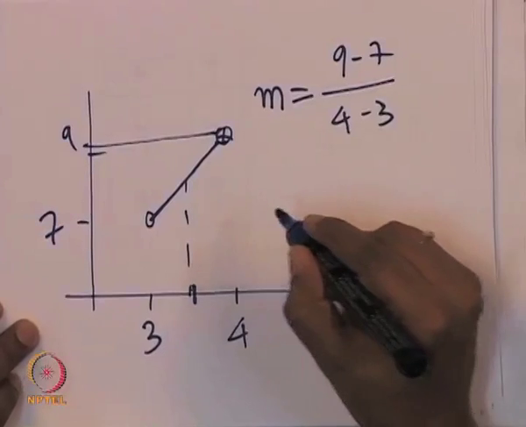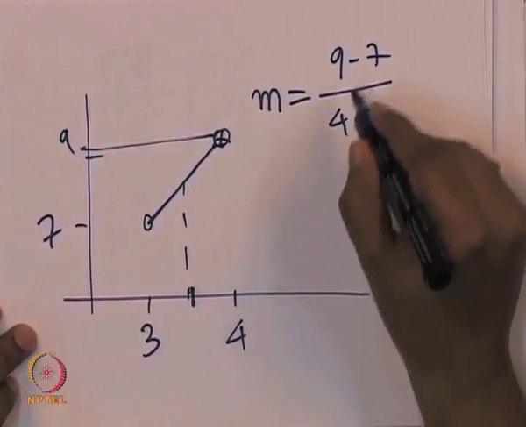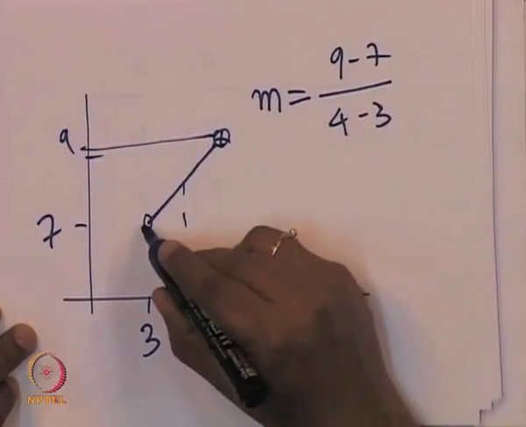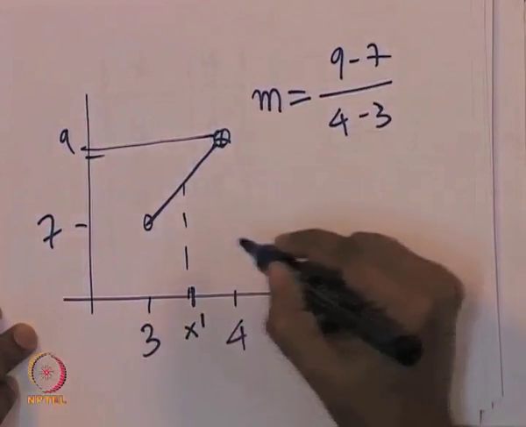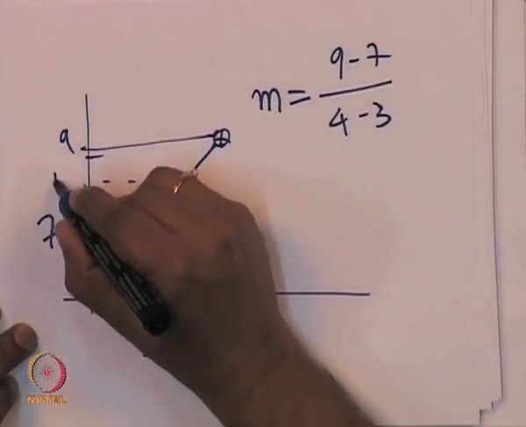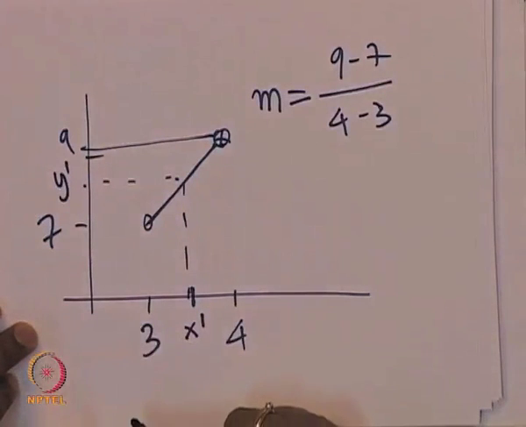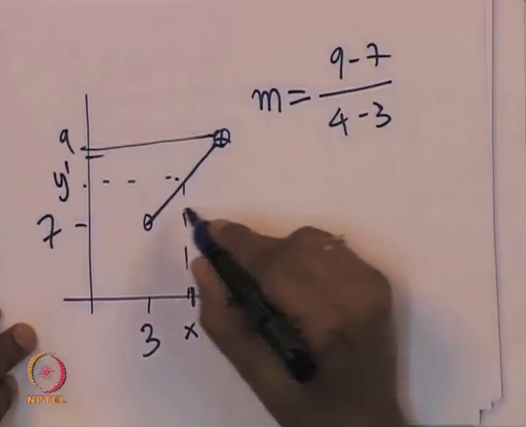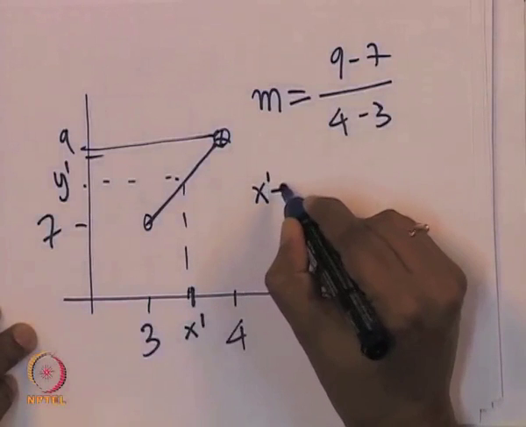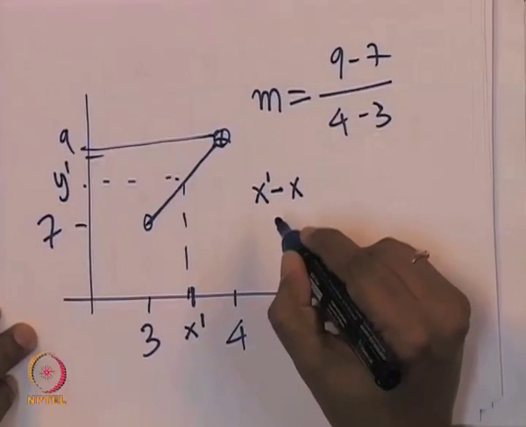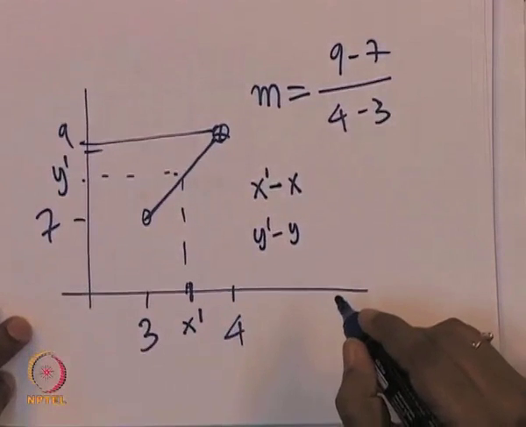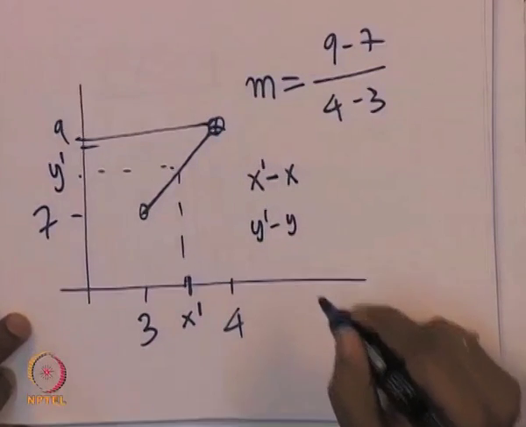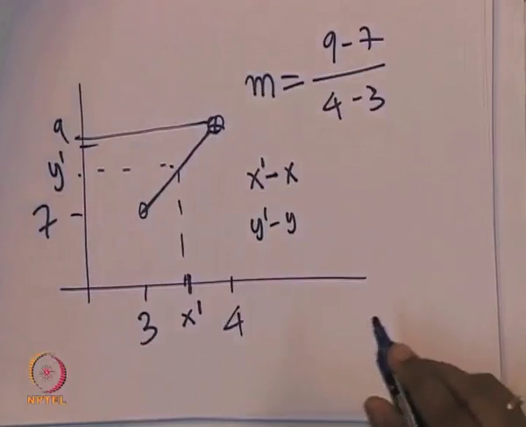So, this is dy by dx. Now, I want to get this new value x prime and new value y prime. And what do I know? I know that if I find x prime minus x and y prime minus y, the ratio of this is what I want to find out.